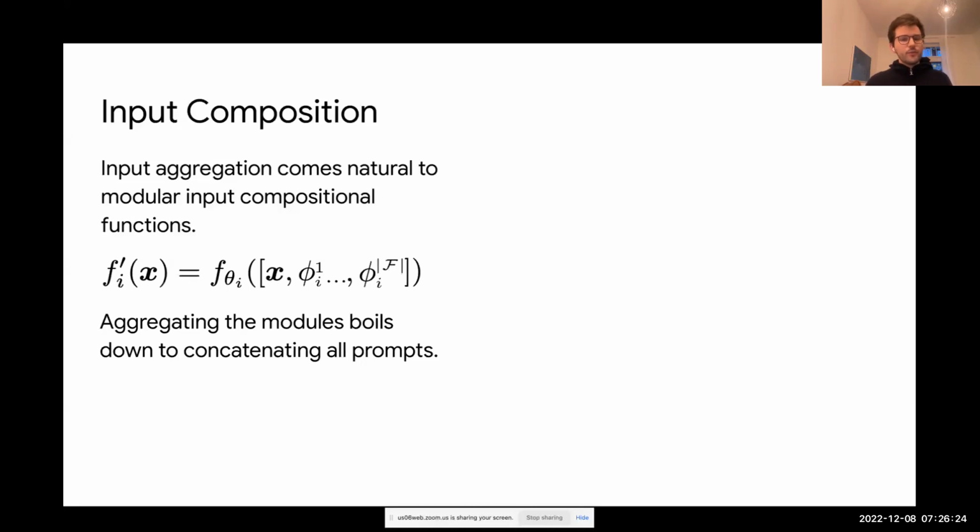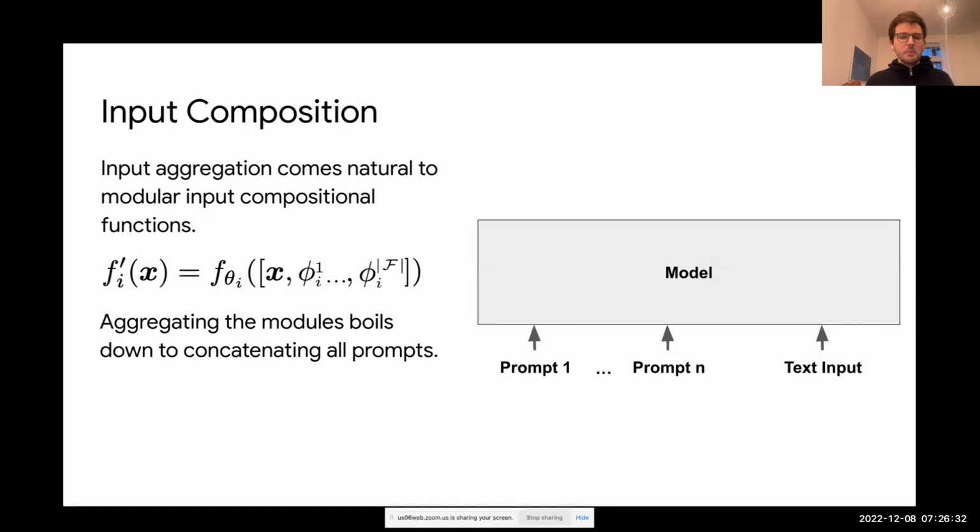And so for prompt tuning, this actually just boils down to concatenating all the prompts that we, for example, trained on different objectives. In other words, we just prepend more and more prompts to the text input. One illustrative example of that is the general way of how we perform few-shot learning.